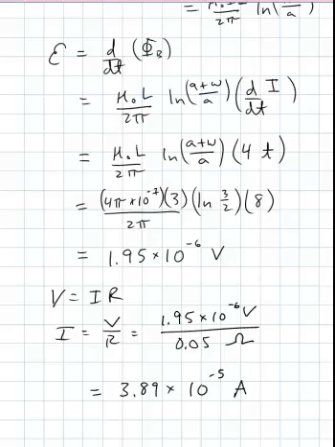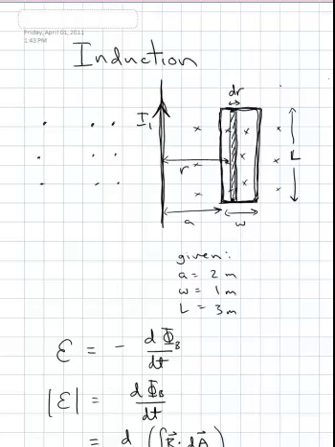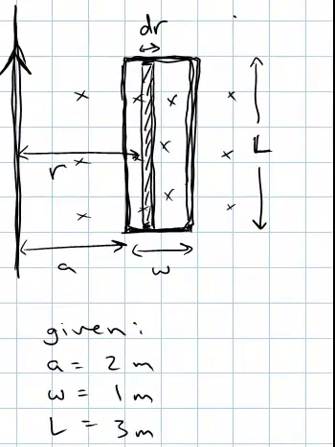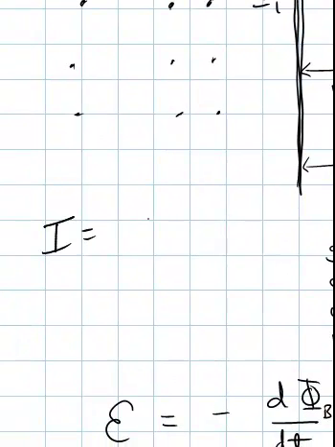And let's take a look at the direction now. I'm going to go back up to my drawing. The magnetic field through that loop of wire is directed into the page. We've already talked about that. And at t equals 2 seconds, it's increasing, right? Because I is a function of time, 2t squared plus 8.